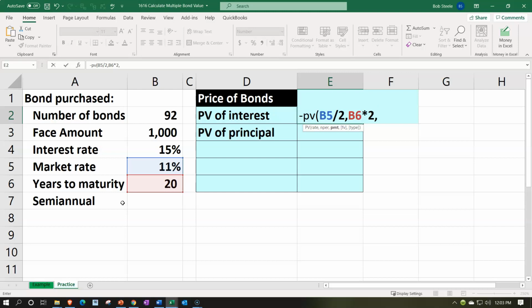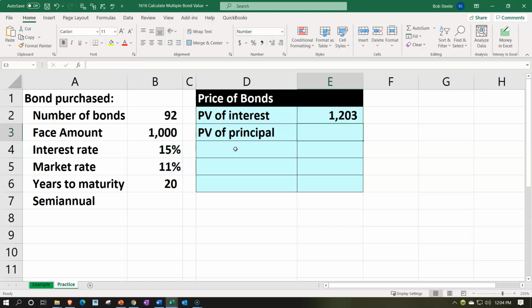And then, comma, the payment would be the $1,000 times the interest rate on the bond, but that's the yearly rate, and we pay semi-annually, so it would be that divided by 2. So it's equal to the 1,000 times the 15%, that would be for the year, and then divided by 2 for the 6-month time period. And then actually that's going to be it. We don't need the future value. Let's close it up and then say enter.